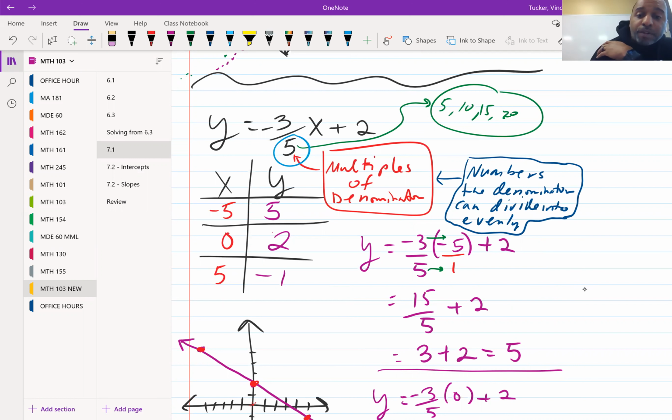So the -3/5 times your -5, you just multiply across, and that'll give you positive 15 over positive 5 plus 2. 15 divided by 5 is 3. And then 3 plus 2 is your positive 5. All right. So when X is -5, Y is positive 5.